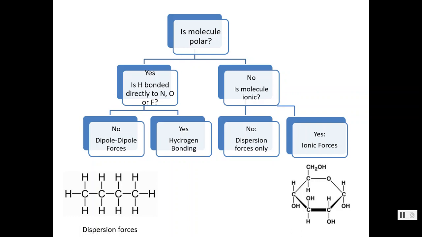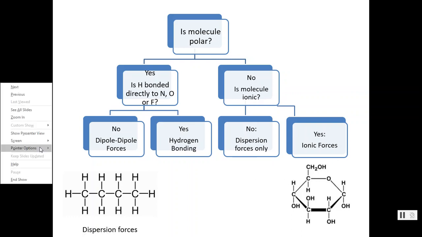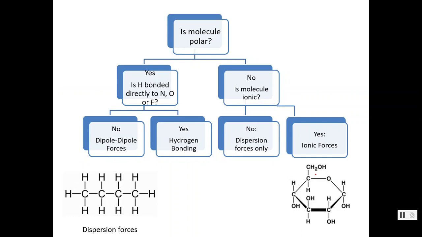To determine if the molecule is polar or not, you're not going to be able to use a Lewis dot structure, but you should be able to look at this molecule of glucose and say, oh, I see a carbon-oxygen bond, and I see an OH attachment. And I know that carbon has an electronegativity from your electronegativity table that you'll be able to use for quizzes and exams.